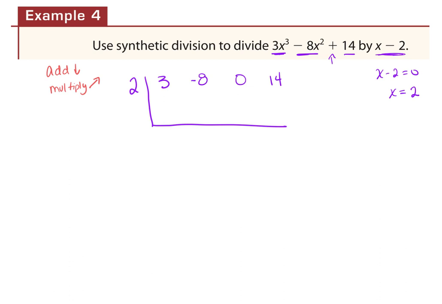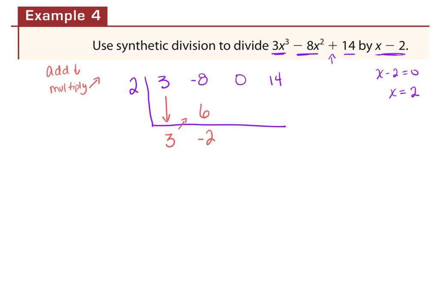So let's do this. 3 plus nothing gives me what? Well, that gives me 3. Now I'm going to multiply 2 times 3. That is going to give me a 6, and that is going to go right here. All right? And then I'm going to add down -8 and positive 6 is going to give me a -2.